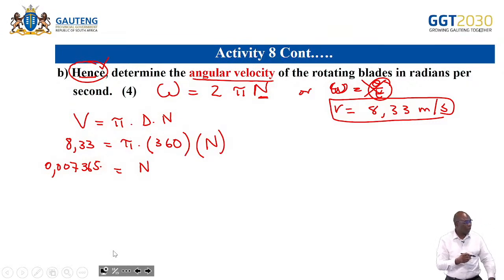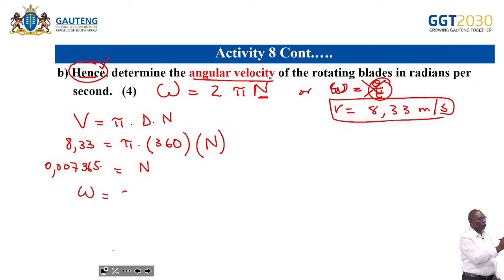Now, from the number of revolutions, how am I going to get the angular velocity? My angular velocity is going to be 2 pi multiplied by the 0.007365, because that's what I have.